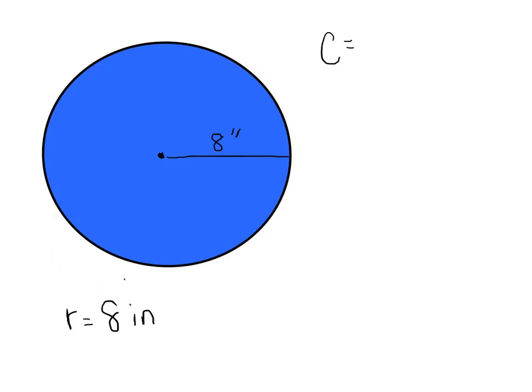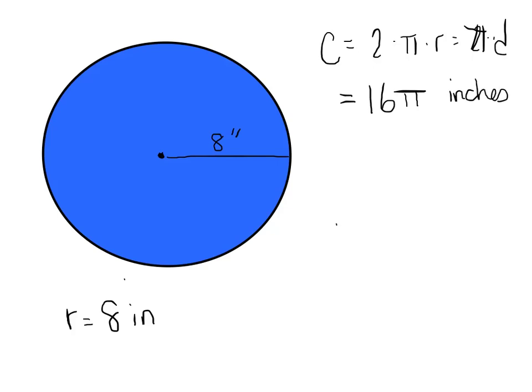I'm going to remember that circumference equals 2 times pi times r, or pi times the diameter. If I take 2 times my radius, 2 times 8 gives me 16, and then I multiply by pi. Inches is going to be my unit.